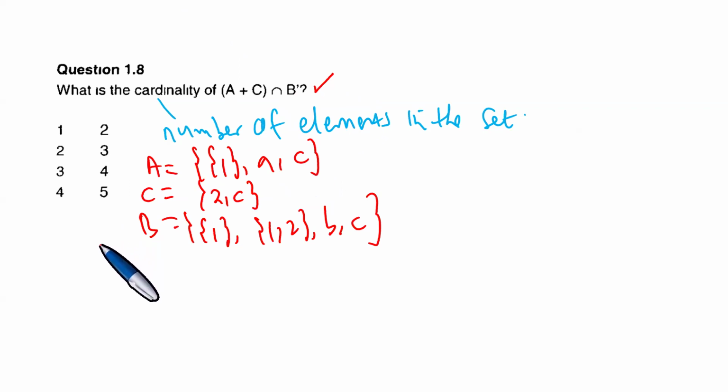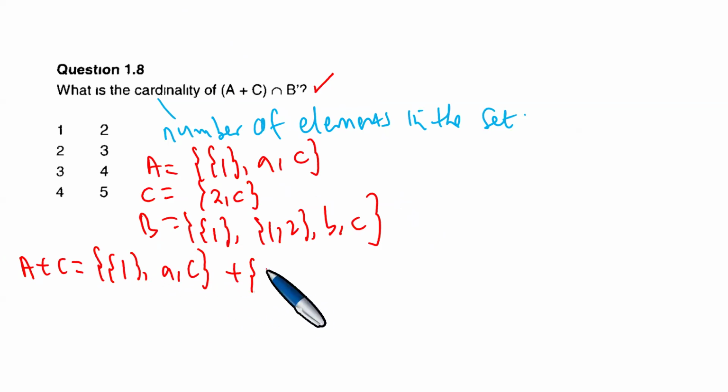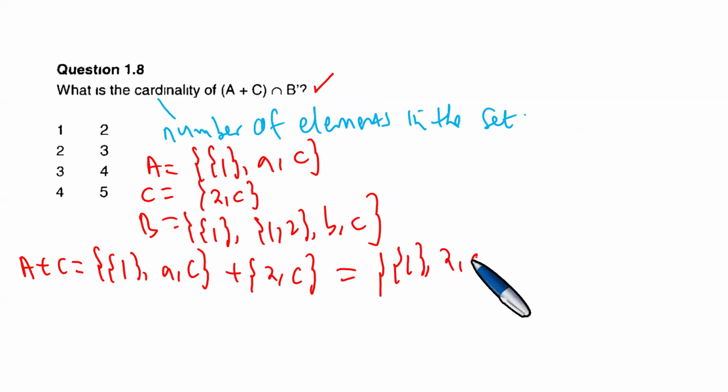But first, we remember we got A plus C. We computed A plus C because A plus C was 1AC, plus C, which is 2C, and therefore we only removed C, which is the common element, and we remember that this one was 1, it was also 2, and it was also A, like so.